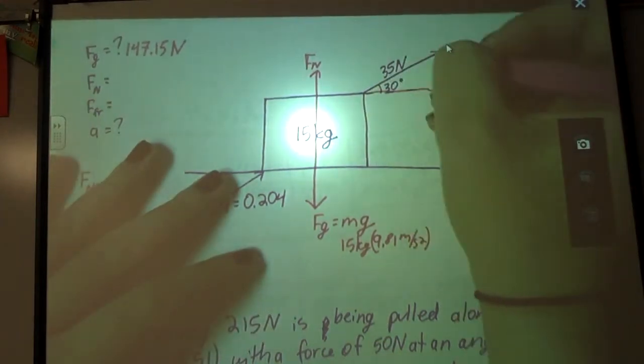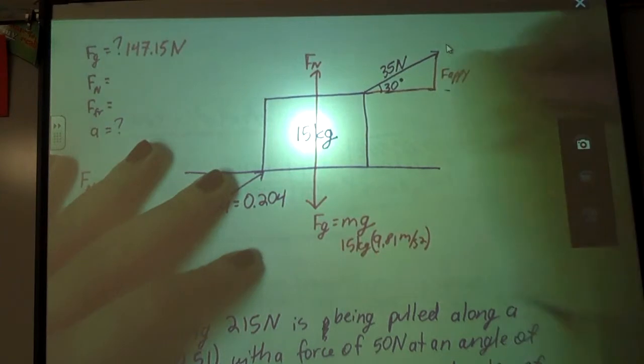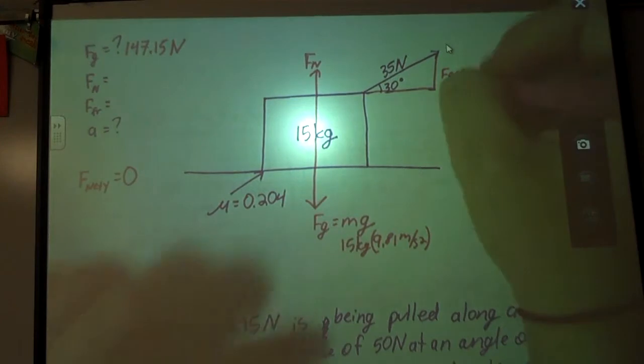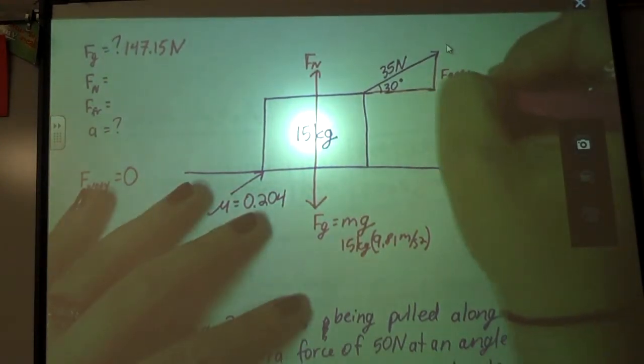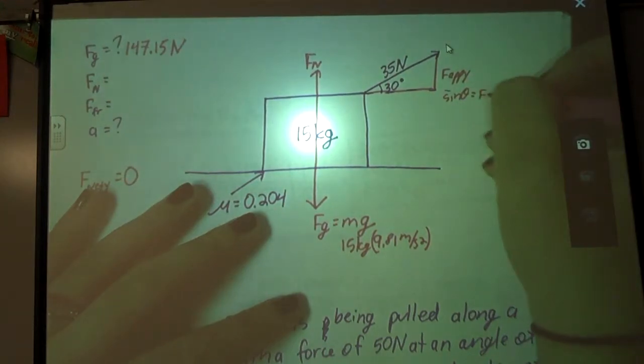This is a triangle. So I need to find my force applied in the y direction before I can start talking about that normal force. Force applied on the y-axis here, I can use my sine function to find that. So sine of theta is going to be opposite over hypotenuse. In this case, opposite is my F applied y.